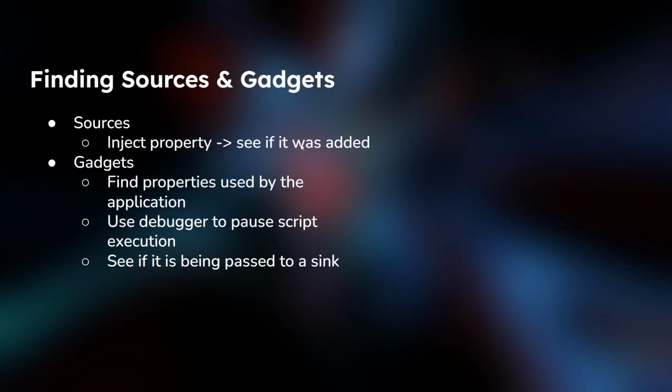Once you verify that that works, then you want to look for some kind of gadget. Once you've found a source that lets you add some kind of property to the global object.prototype object, you want to look through the source code and find properties that are used by the application or libraries that it imports. Then you want to add a debugger statement to the beginning of that script, so that when the target script is loaded, the debugger for your browser pauses the execution of that script.